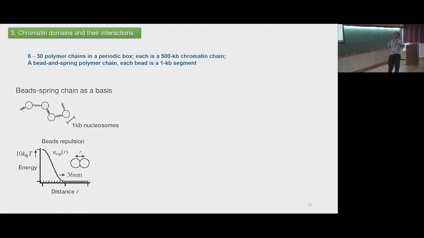That means each chain has 500 beads, and these chains gather in a periodic box. And 1 kilobase means that, since each nucleosome corresponds to approximately 200 base pairs, it corresponds to several nucleosomes.